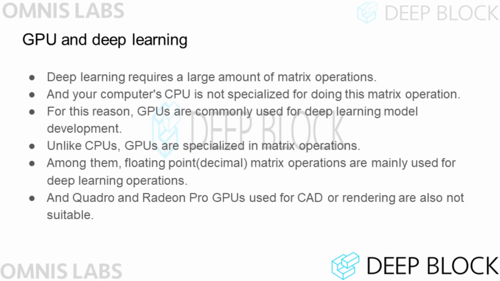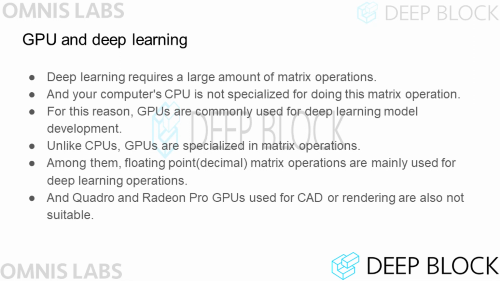Deep learning models usually operate on a large amount of matrix operations. However, the CPU installed in computers is not optimized to perform matrix operations. Therefore, in order to utilize deep learning technology, a device that performs these calculations is required, and that is the role of the GPU.